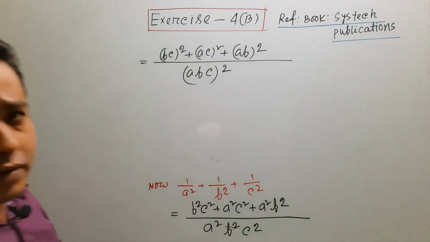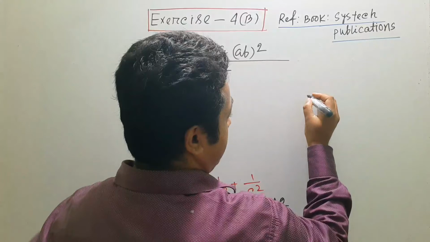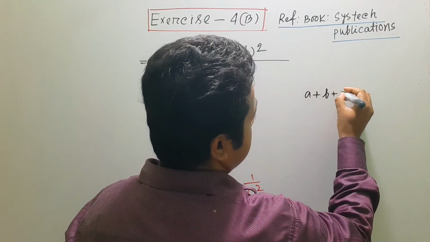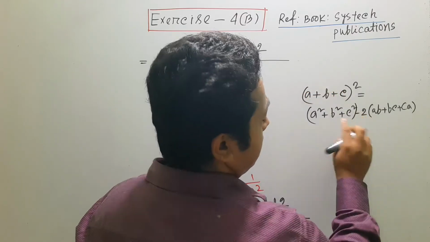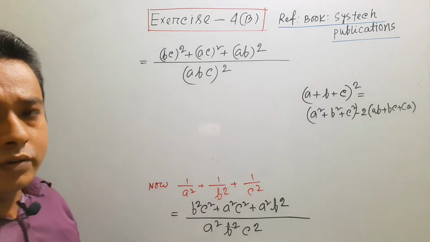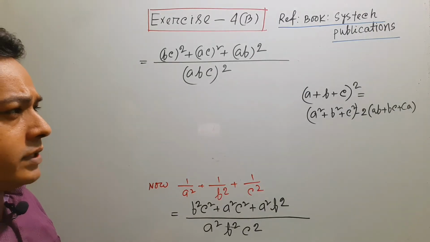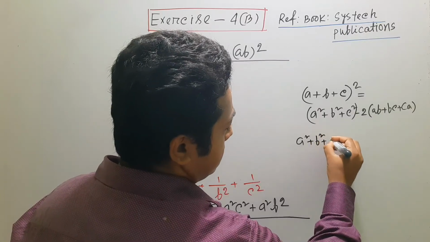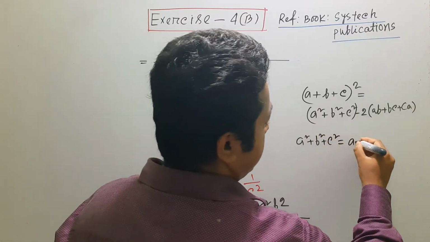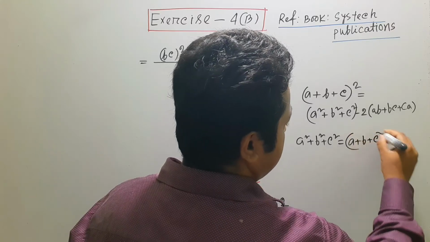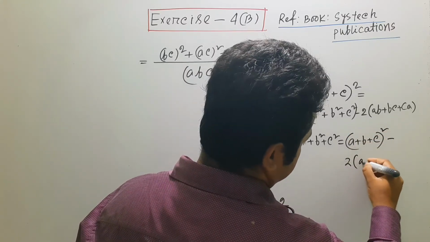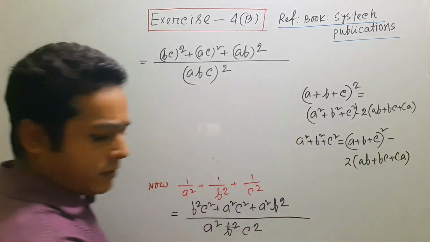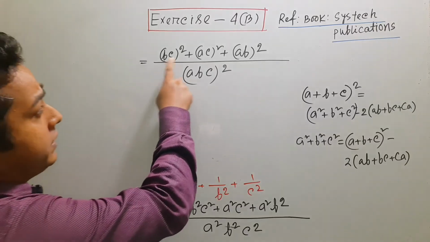And we have an algebraic formula for a plus b plus c whole square, from which we can create another corollary: a square plus b square plus c square is equal to a plus b plus c whole square minus 2 into ab plus bc plus ca. Now we want to use this corollary for finding this value.